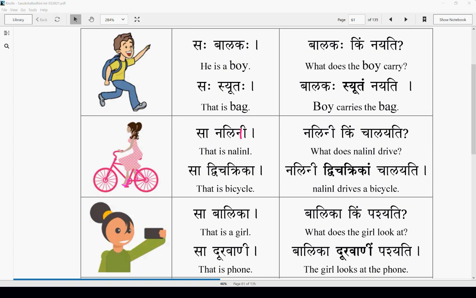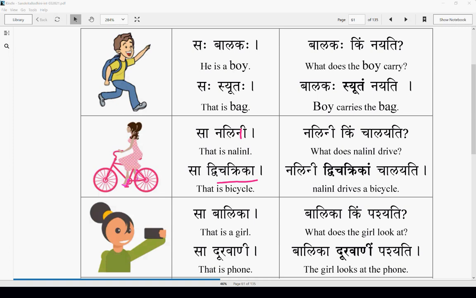Kasya Dvichakrika, Nalini. Now how do you say of Nalini, or Nalini's? I don't know. I'm sorry. Nalinyaha, like Nadyaha, Bhavatyaha. Nalinyaha Dvichakrika. Nalinyaha Dvichakrika asti.